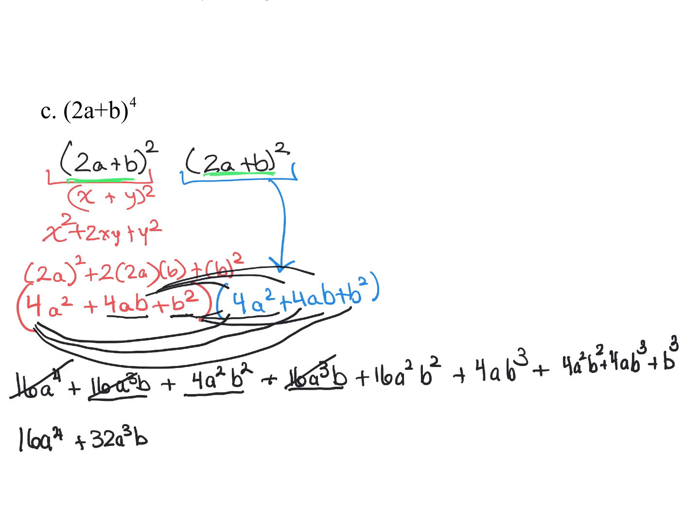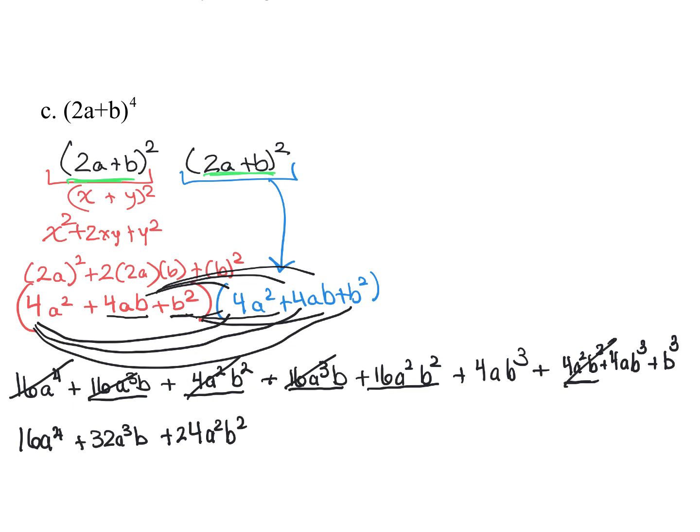So there's 4a squared b squareds, 4a squared b squareds. And then down here, 4 more a squared b squared. So 4 and 4 is 8. 8 and 16 is 24 a squared b squareds.